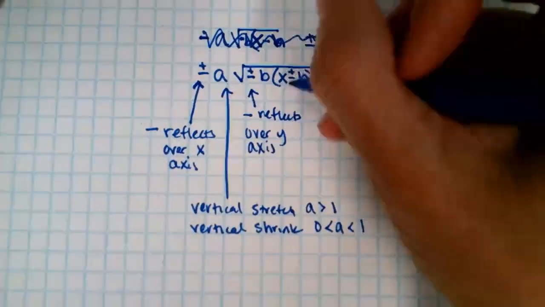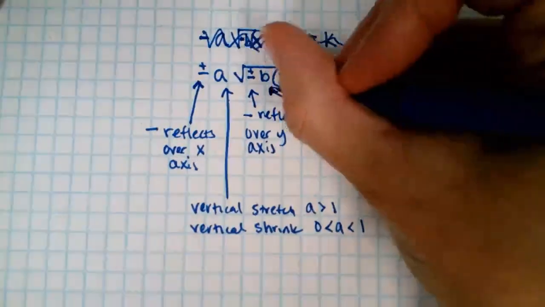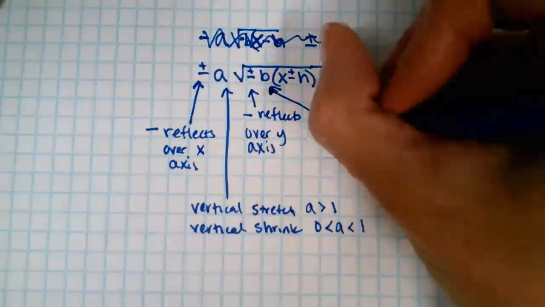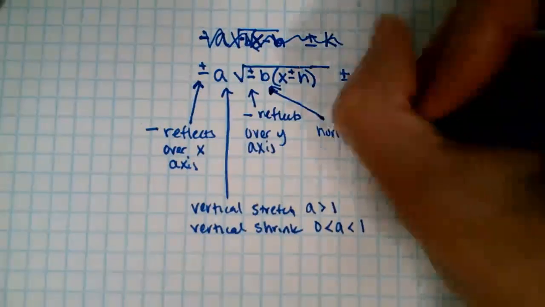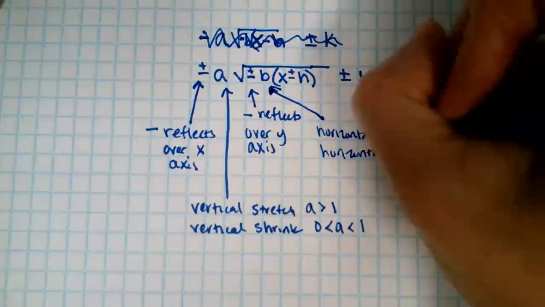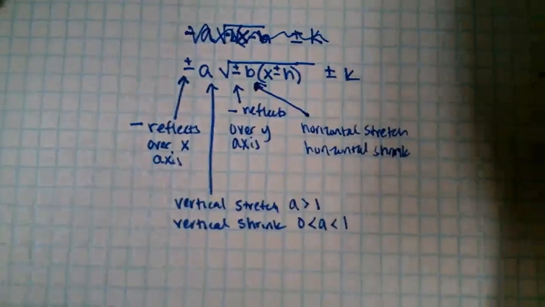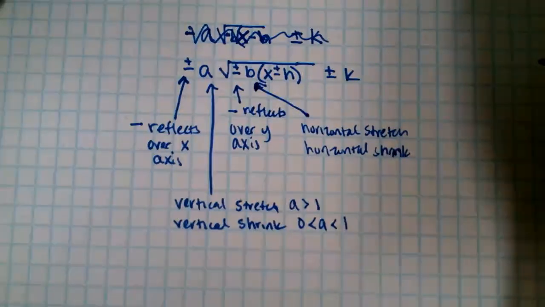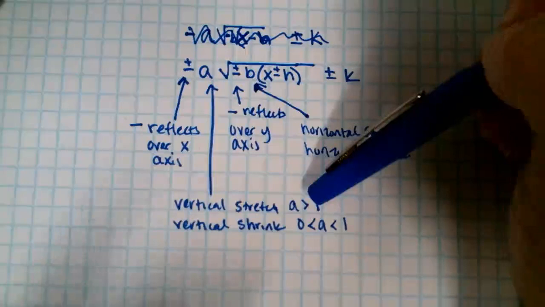Okay, the B value, which you might have called a different letter, it doesn't matter what letter you call it, the B value is a horizontal stretch or a horizontal shrink. And this is a little bit confusing because it's backwards. Stretch is usually numbers bigger than 1, so our big numbers stretch it.